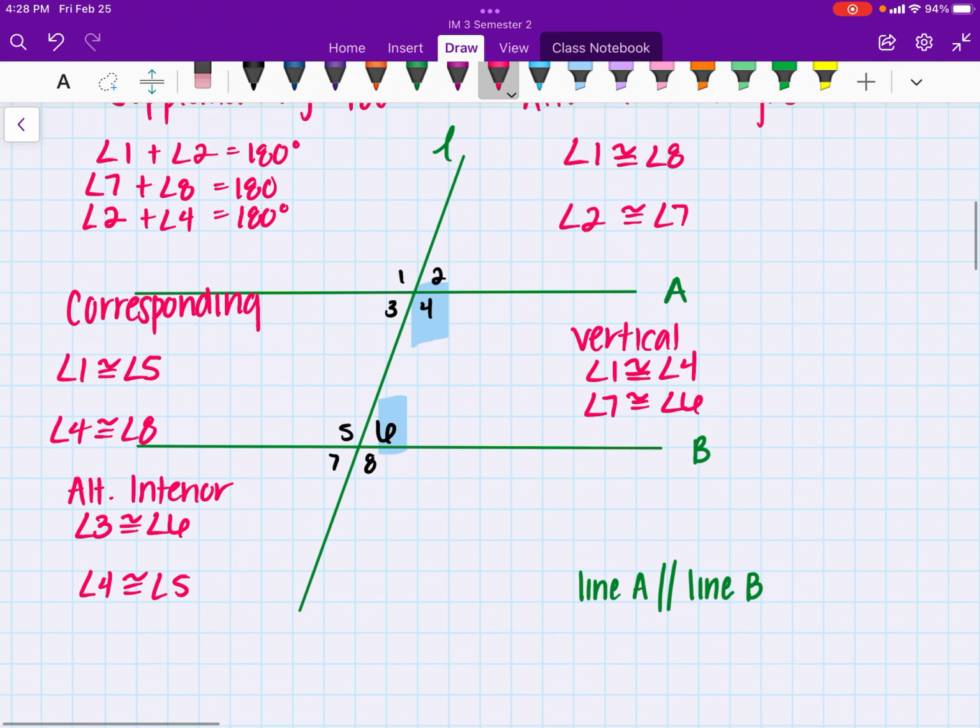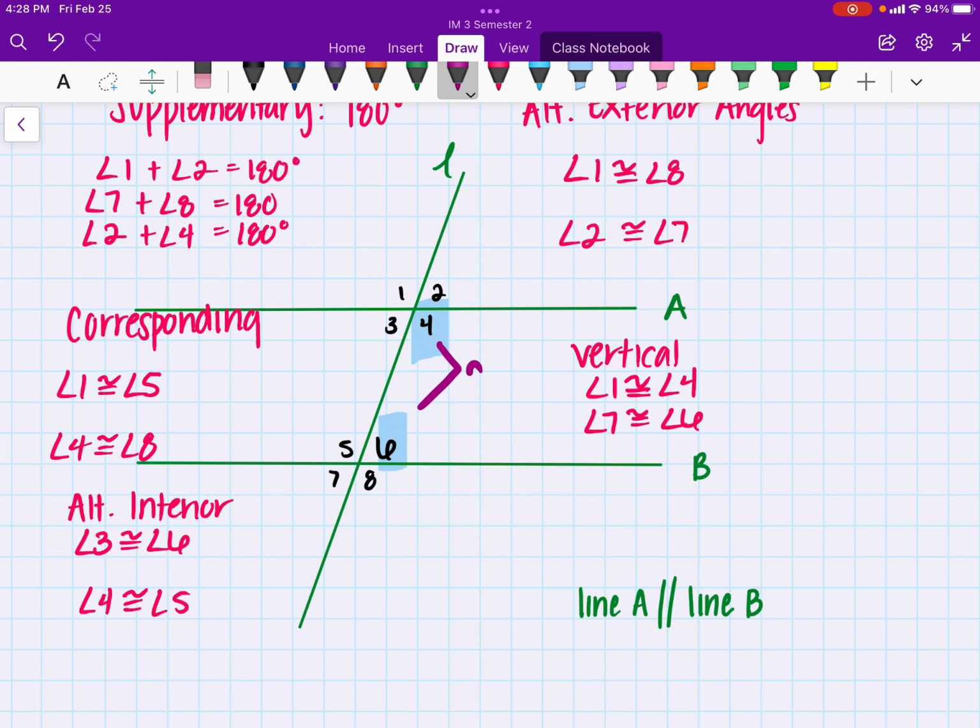Because 4 and 5 are alternate interior, which makes 4 and 5 equal to each other. So 5 is right next to 6, which means we could form a 180. So angles that are on the same side inside would be supplementary angles. Same side inside. Okay. So that's 4 and that's 6.